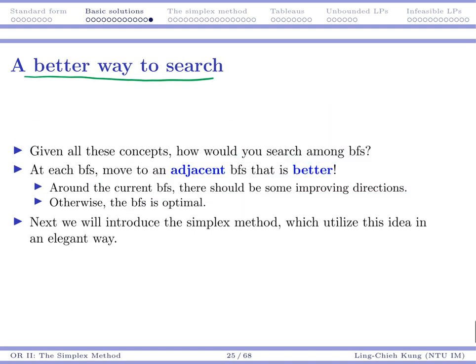Pretty much we may say we want to move along edges when we are talking about the geometric interpretation. But the geometric interpretation is uneasy for a computer to do. So we move to the concept of basic feasible solution. And for basic feasible solutions, checking adjacent ones is easy.